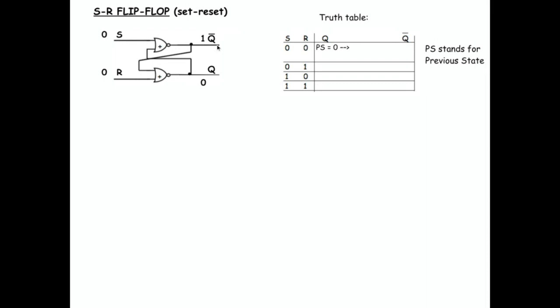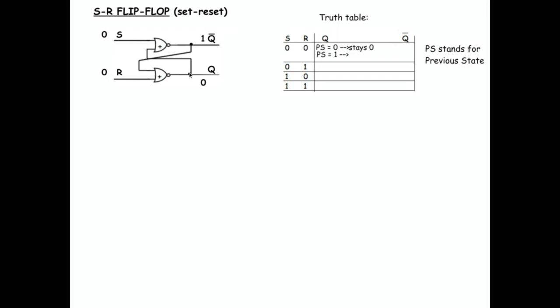And now that we have gotten this outcome, Q is 0 and Q prime is 1. We can keep circling as many times as we want, and it's not going to change. However, if the present state of Q was 1? So if present state of Q was 0, it stays 0.